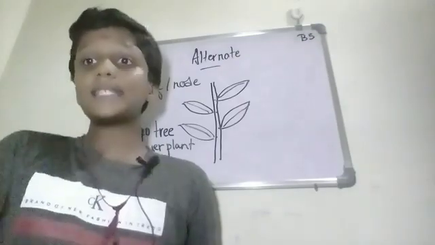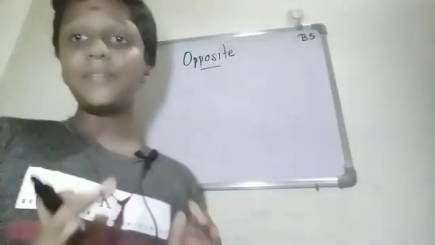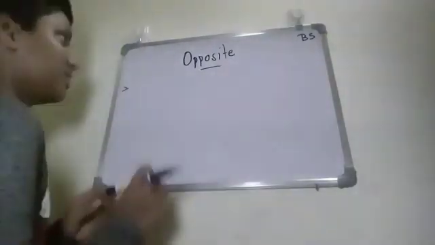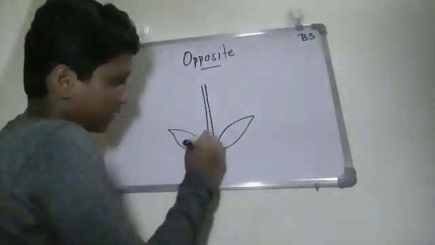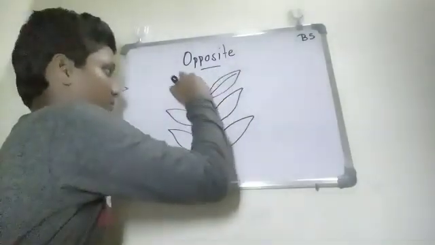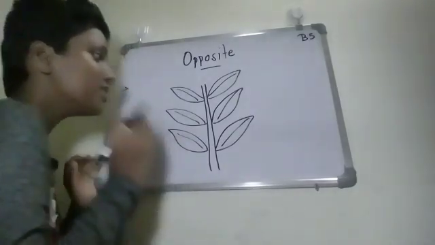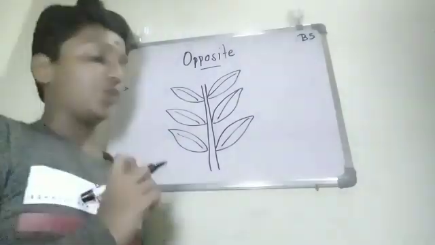Now let us look into the opposite arrangement. In the opposite arrangement it is like this. How many leaves are there in each node?